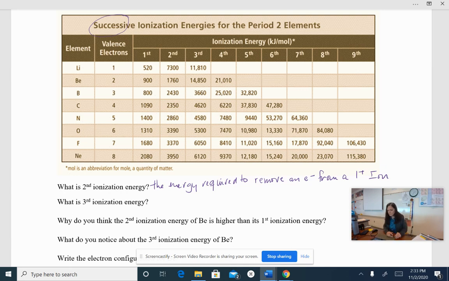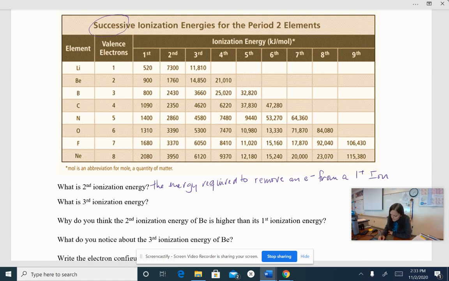What that really means is the energy required to remove an electron from an ion that already has one electron removed. It already has a 1+. So if the second ionization energy is how much energy it takes to remove that second electron that we're taking off, the third ionization energy, what do you think it would be?